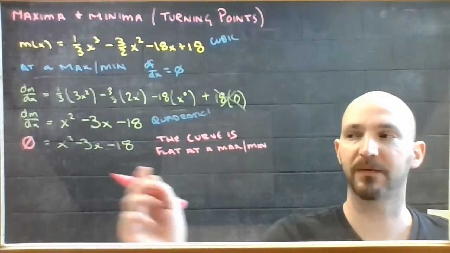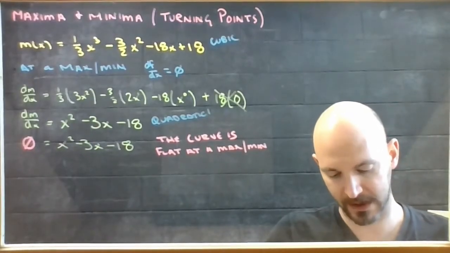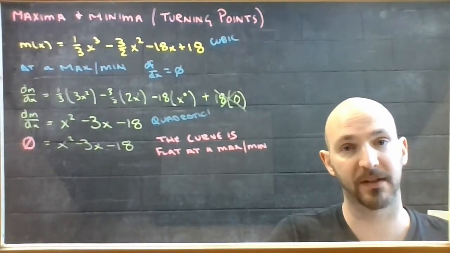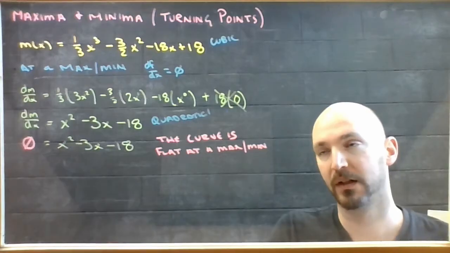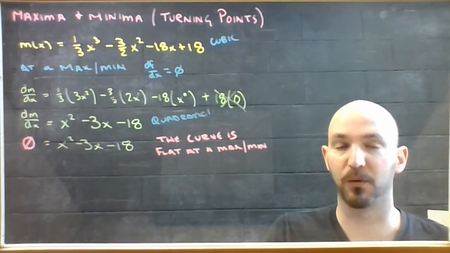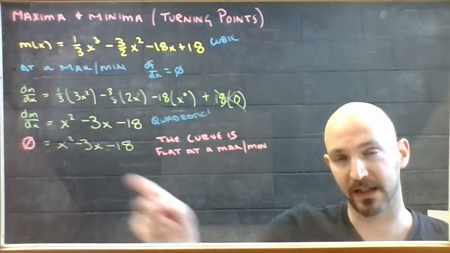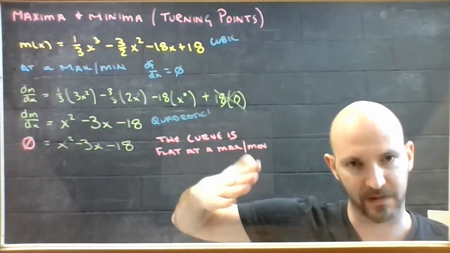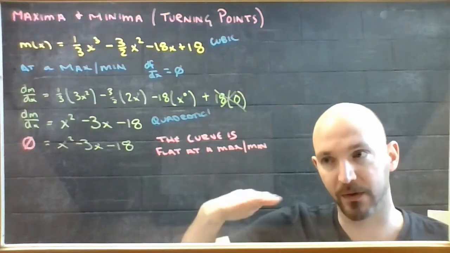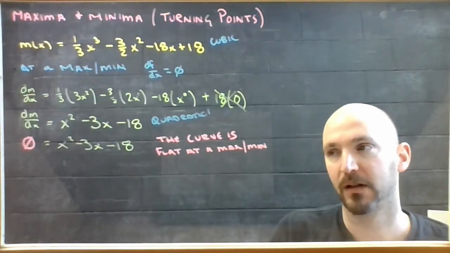I mean, you could have asked, when does it have a slope of 1? You just put a 1 there. Or you could ask, when does it have a slope of 10? You put a 10 there. The only reason we're putting a 0 there is that the max mins, the interesting places where it turns around, are where it's flat.